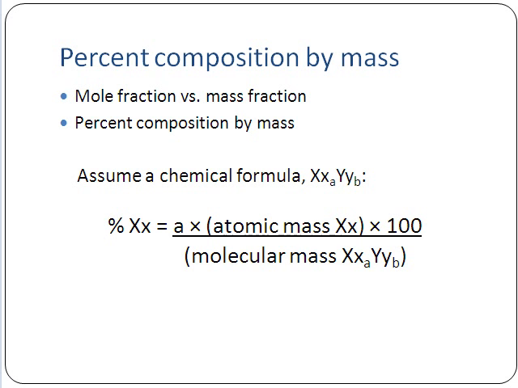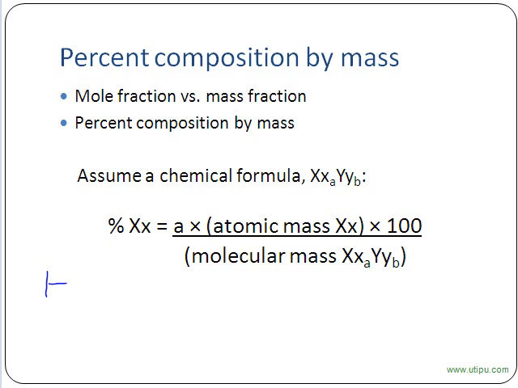The percent of X is equal to A, the number of X atoms, times the atomic mass of X, times 100, all divided by the molecular mass of the whole thing, X_A Y_B.